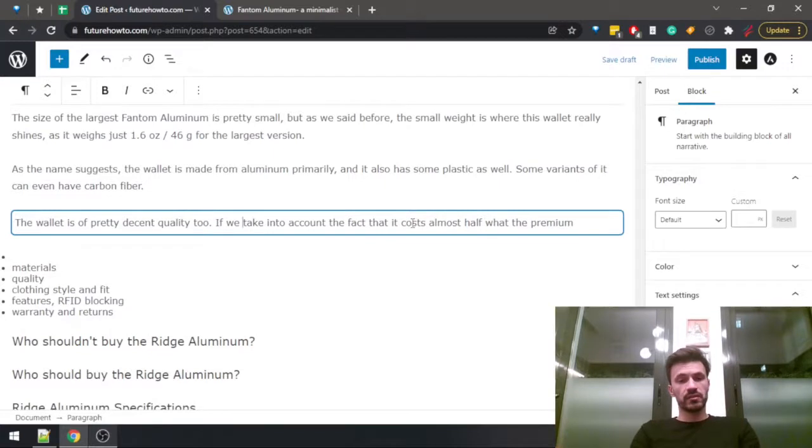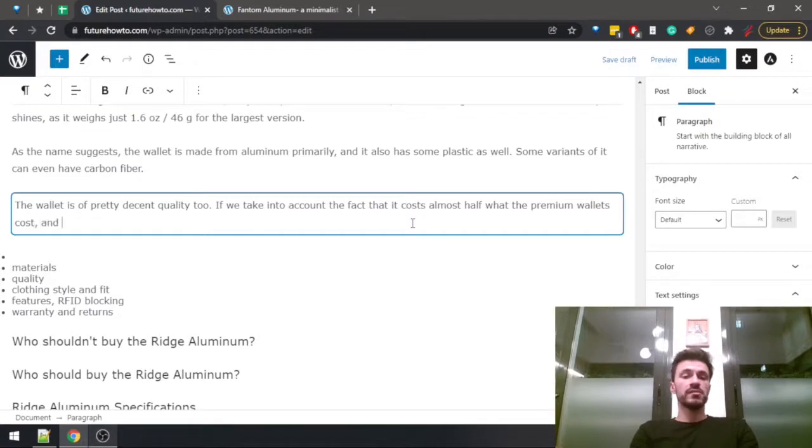If we take into account the fact that it costs almost half what the premium wallets cost and still provides comparable quality levels, then we can easily say this is a great value pick as well.